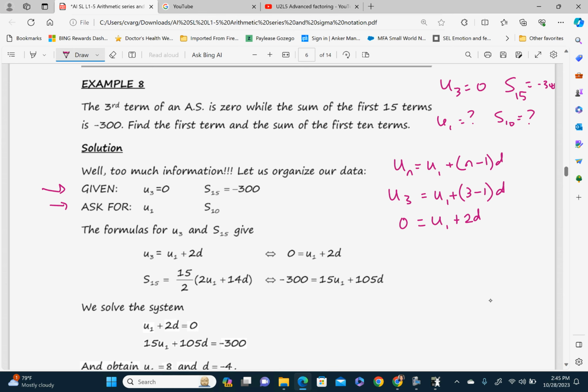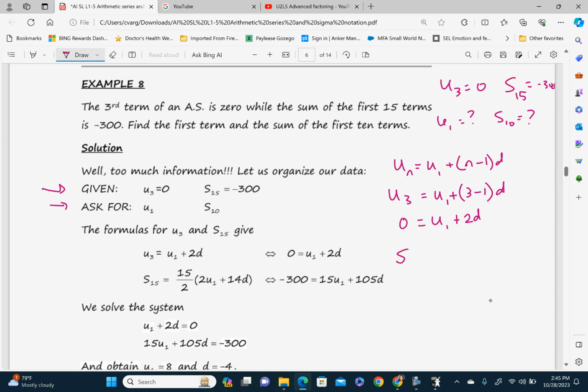They also gave us another piece of information, right? They told us that the sum of the first 15 terms is negative 300, so we have to use that. So S of 15. Remember the formula that we just learned today. Let me go back and write that.